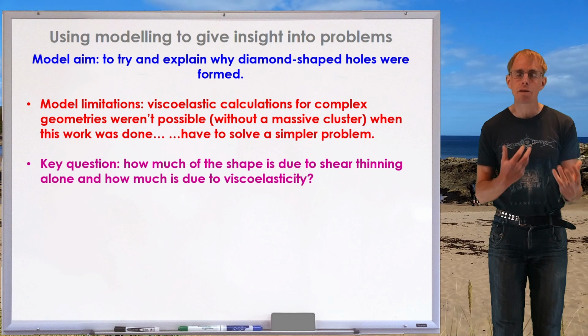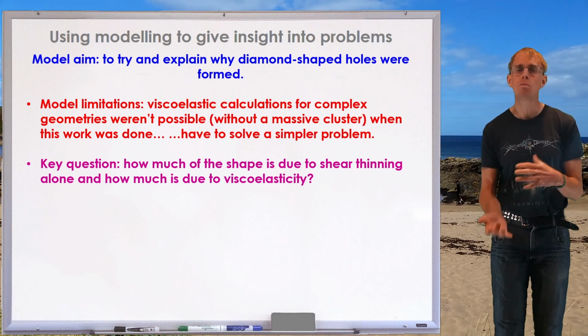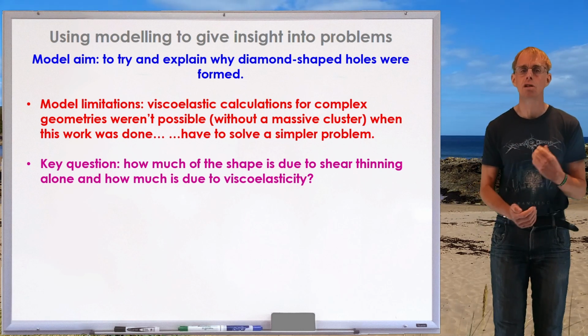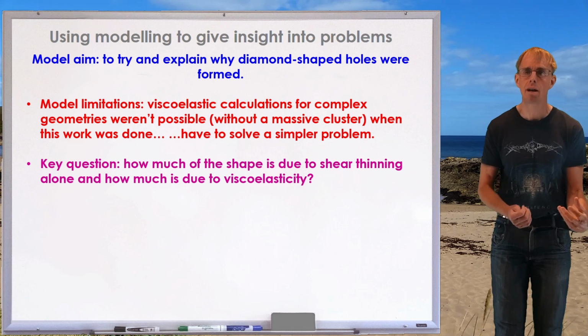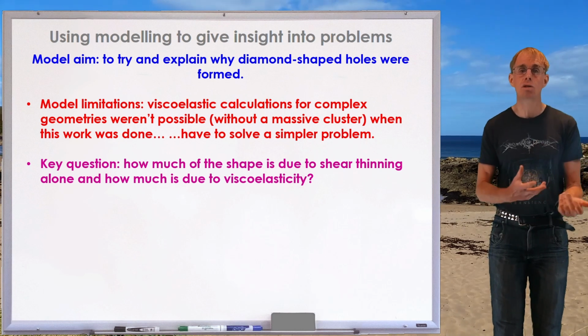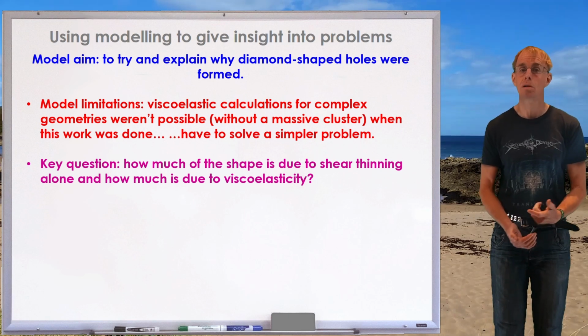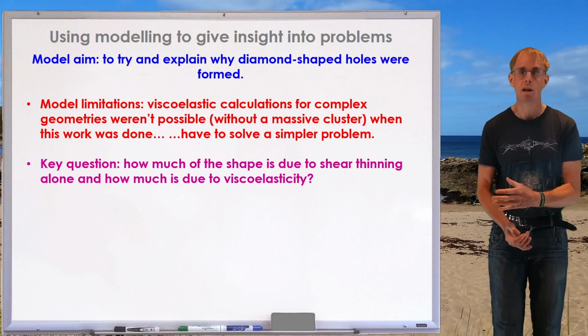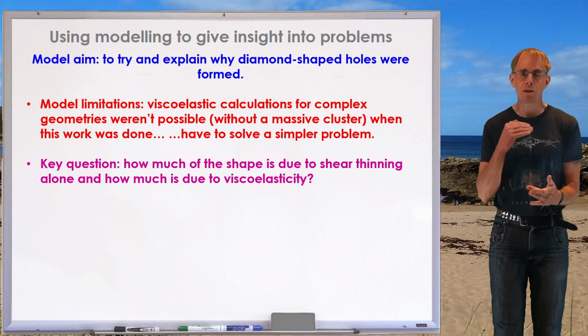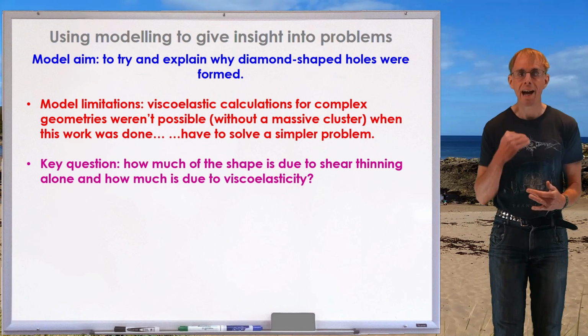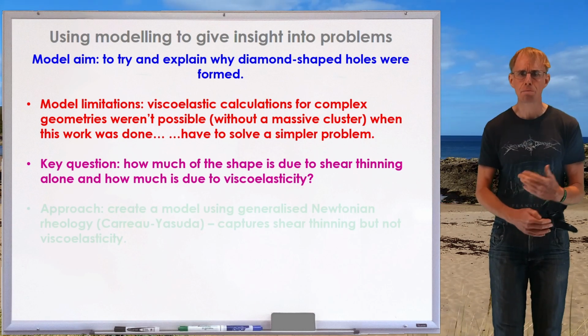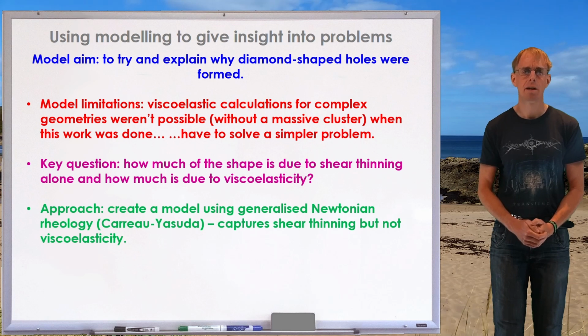And that should give us an idea of how much of the phenomenon we're seeing is due to shear thinning alone, and then anything that's not there is due to some physics that we haven't included. It might be a time-dependent stress effect, it might be a viscoelastic effect, it might be something else. But we know that it's not the physics that we have included. And so it's sort of proof by exclusion in a sense.